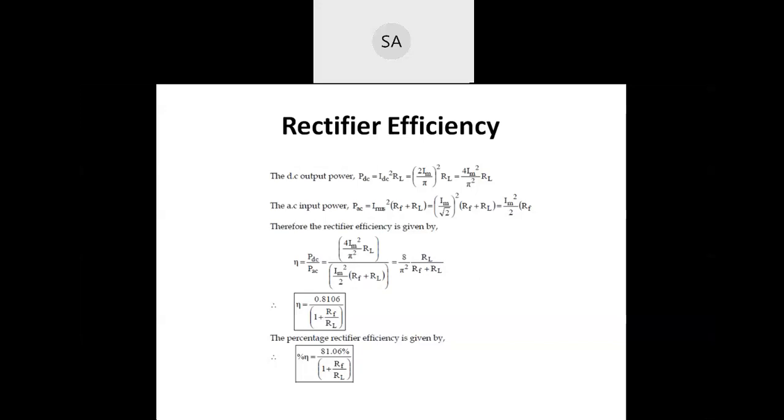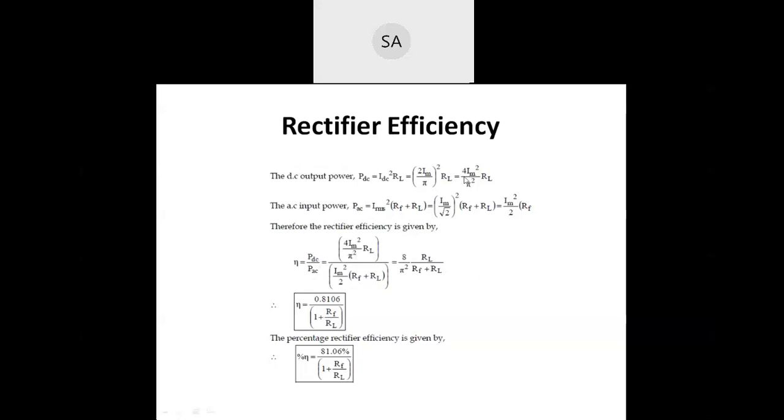And the AC input power PAC is IRMS square into RF plus RL. IRMS is equal to Im by root 2. So Im by root 2 whole square into RF plus RL. So you get Im square by 2 into RF plus RL. Therefore, the rectifier efficiency is given by PDC by PAC, DC output power by AC input power.